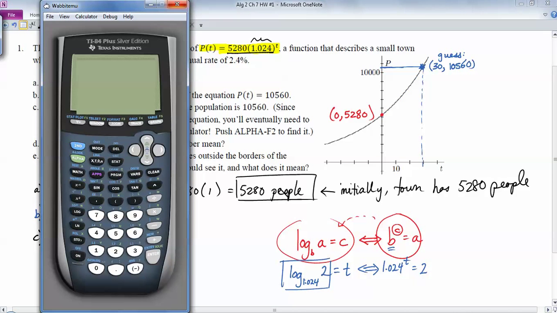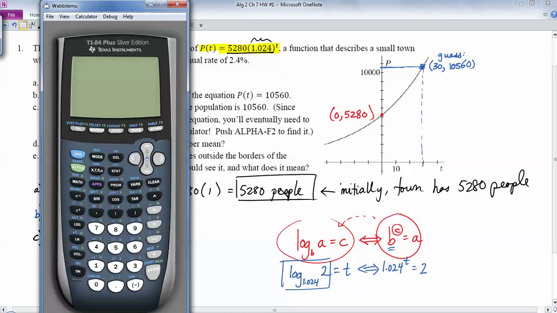Is this going to turn on, or do I need to restart? There we go. So I'm going to do alpha f2. Choose log base, number 5. And then it's 1.024, and I'm taking the log of 2.